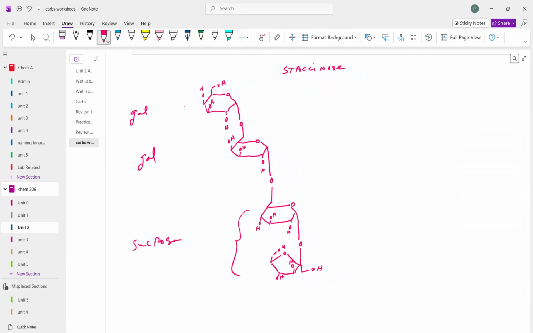Okay, linkages, we've got alpha 1, 6, alpha 1, 6, alpha 1, beta 2, beta 2, alpha 1. So Benedict's test is negative.